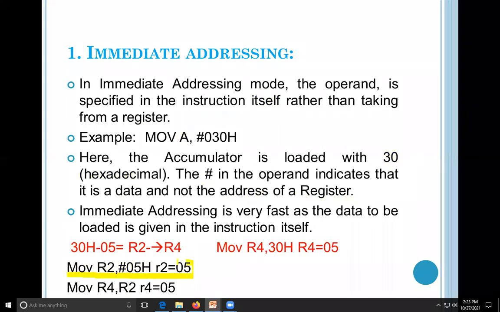This is an example of immediate addressing mode, where we move 05 directly to the register R2. For immediate addressing mode, we have to use the hash, which indicates direct data being transferred to the register.